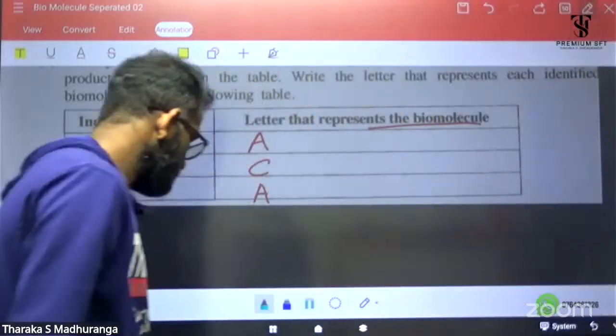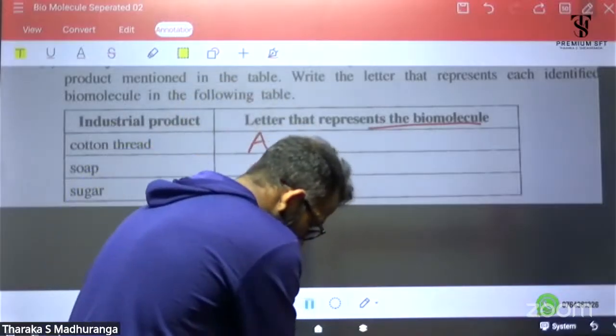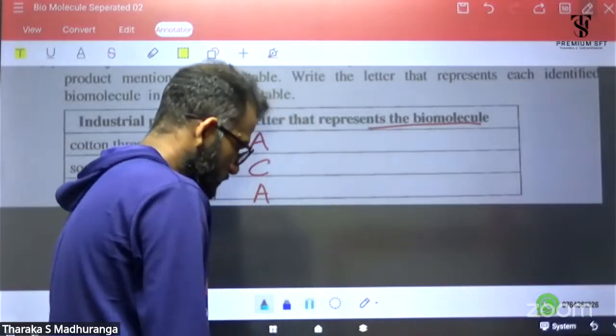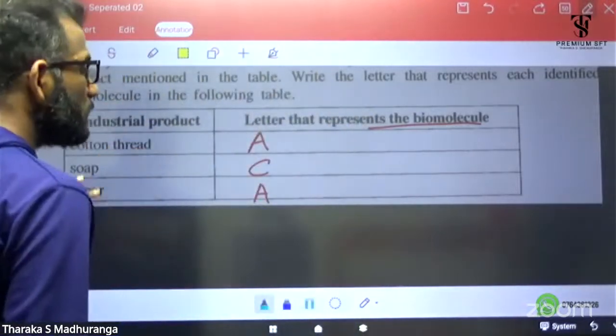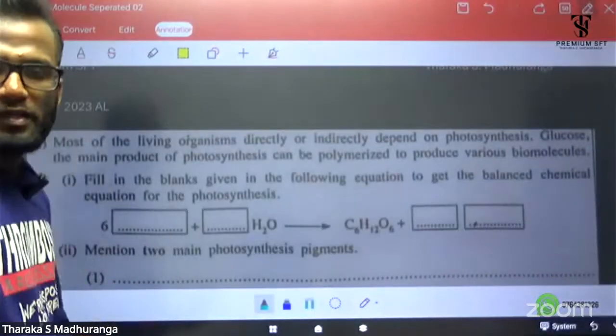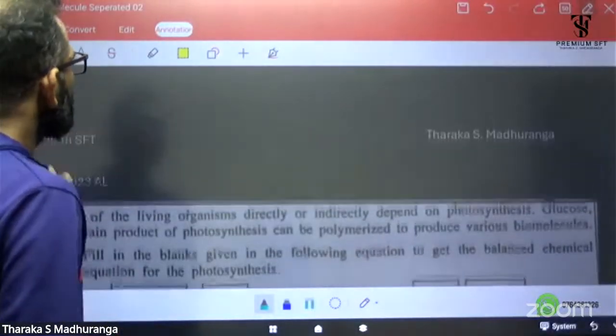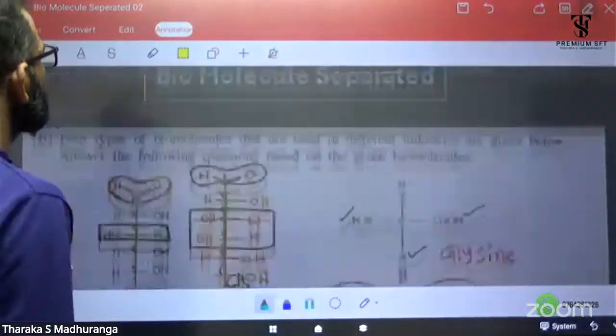Okay, next part, the 2023 question. Who got all parts of the 2020 question correct? It's a very easy question.